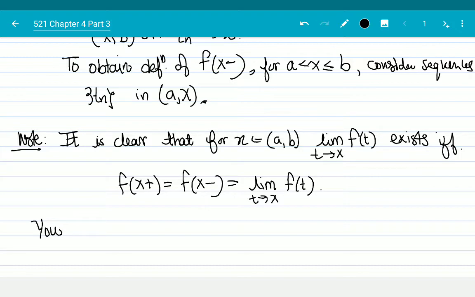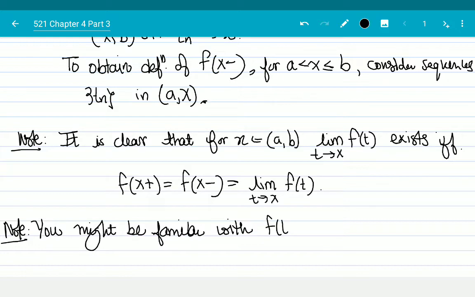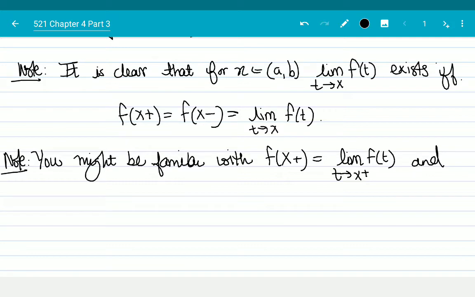You might be familiar with f of x plus is equal to the limit as t approaches x from the plus side of f of t, and f of x minus is equal to the limit as t approaches x from the minus side of f of t.